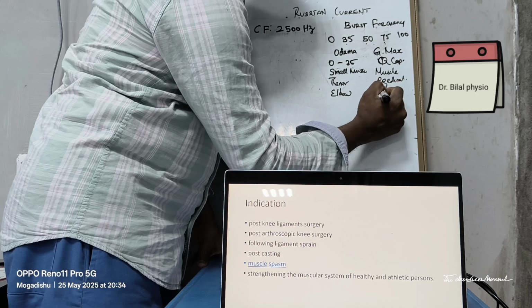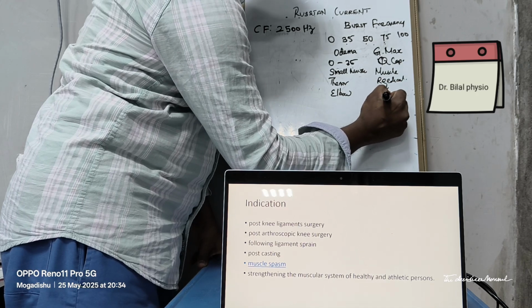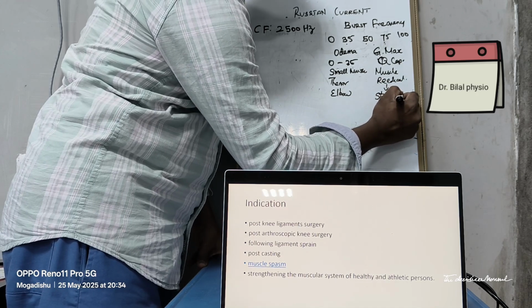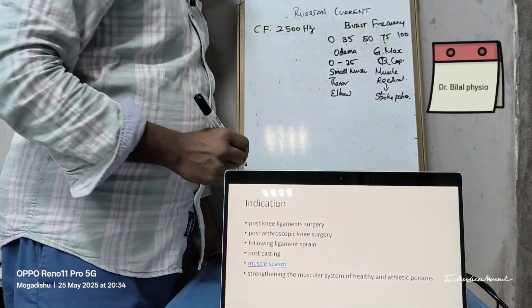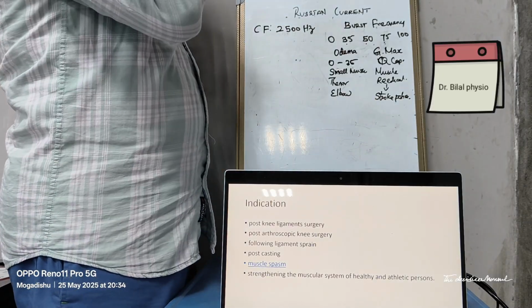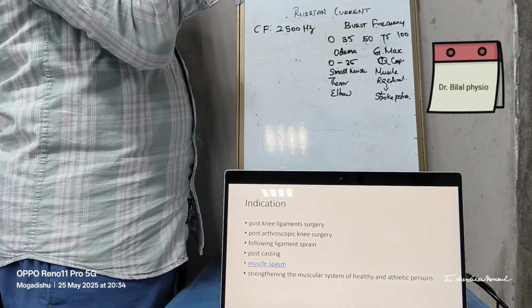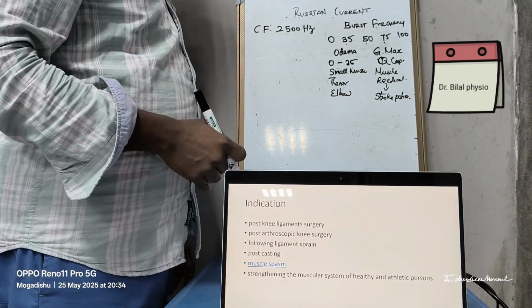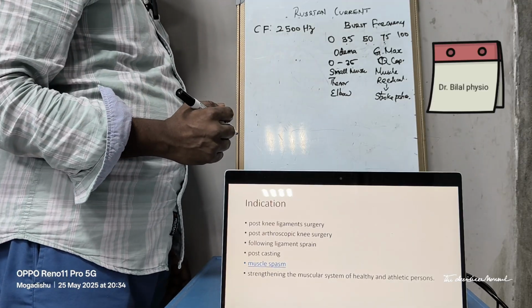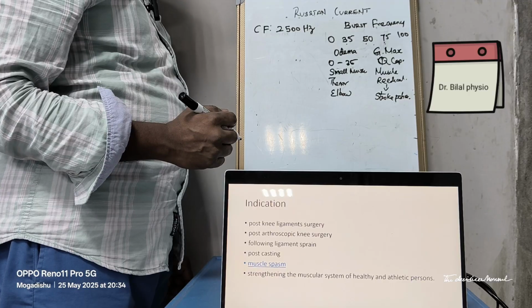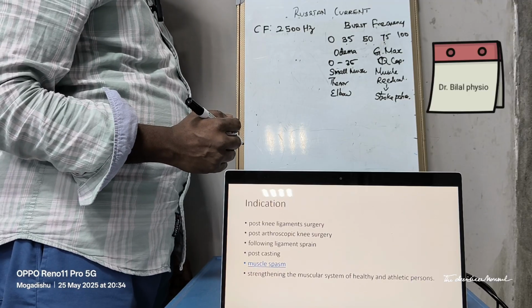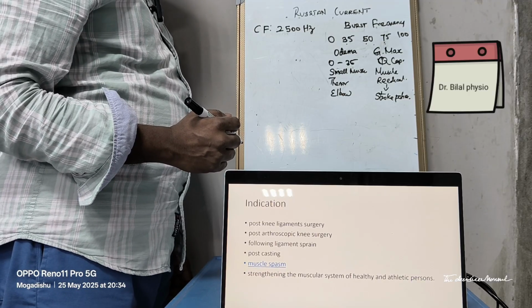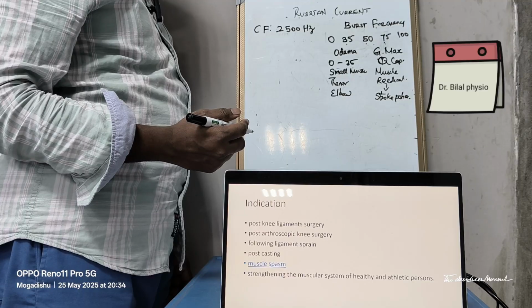For a stroke patient, we use it in our clinical setup for muscle re-education. The clinical outcome we got is improvement in the gait pattern. The patient initially came and was not aware of walking.